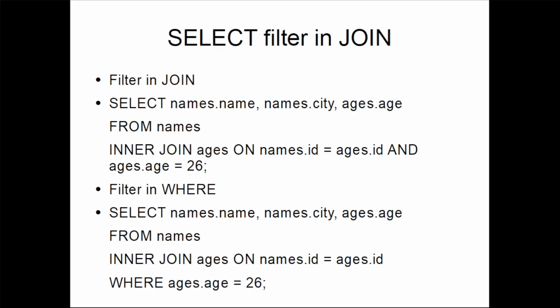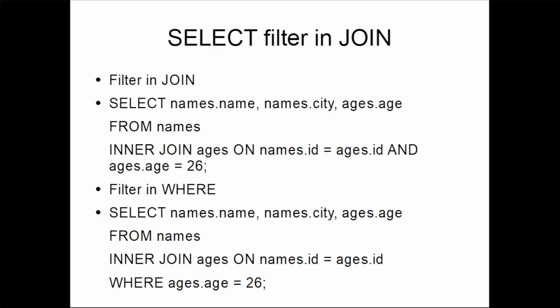Filtering in WHERE: the database joins all matching rows first, then applies the filter. This can be slower, as it processes more data before discarding irrelevant rows. With millions of records, filtering in the ON clause can save seconds or even minutes by minimizing the dataset upfront. It is like packing only what you need for a trip instead of lugging everything along and sorting it later.